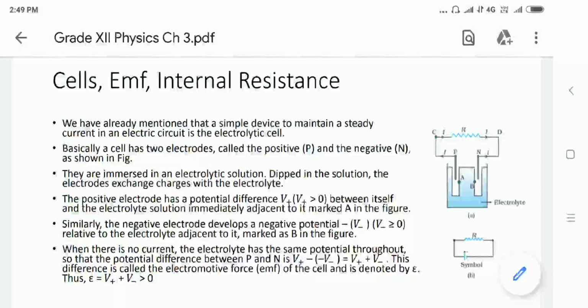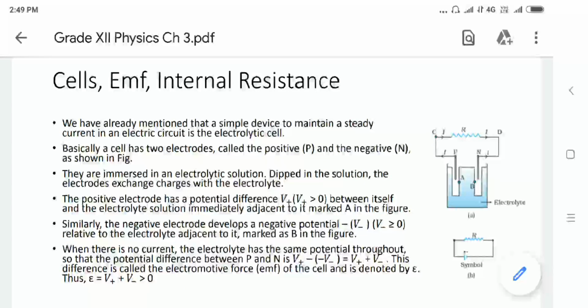Positive terminal is defined as P and negative terminal is defined as N. Now we immerse those terminals in electrolyte solution. In the electrolyte solution, current conduction is possible due to both charge carriers, positive and negative.